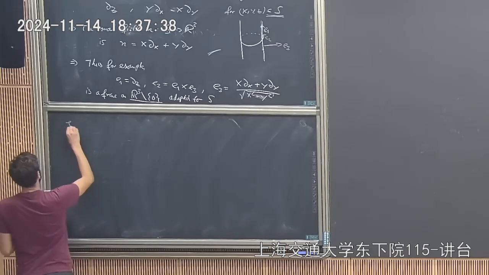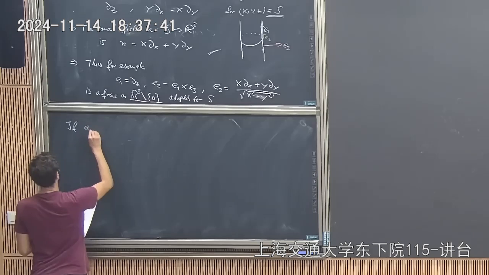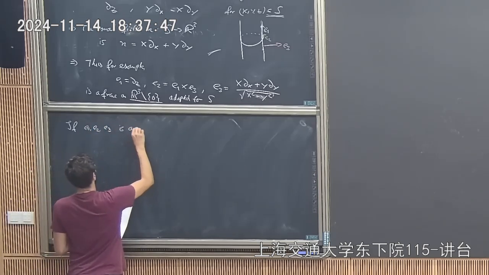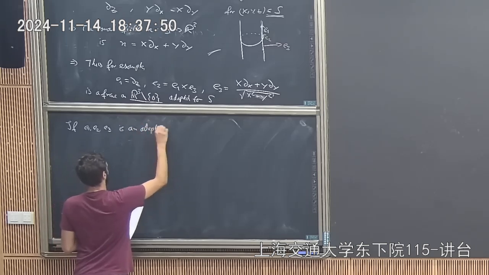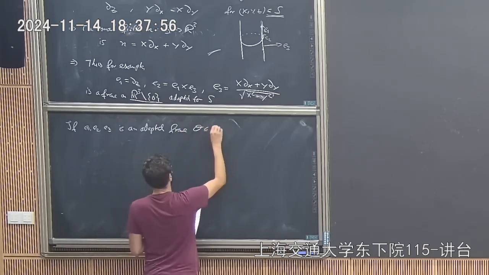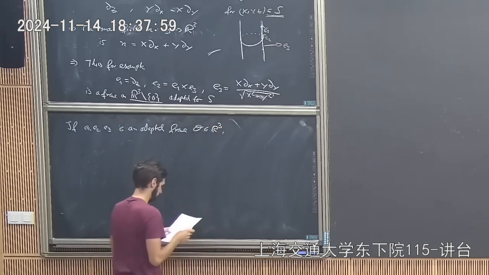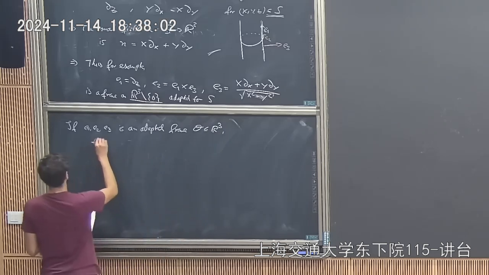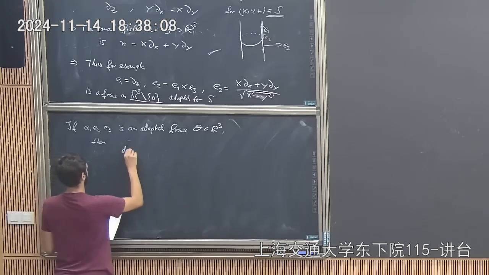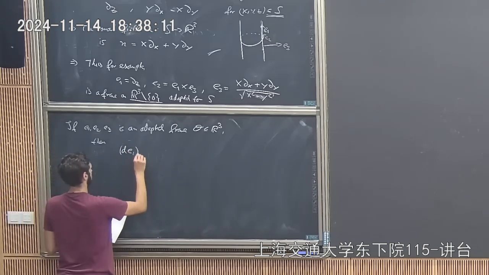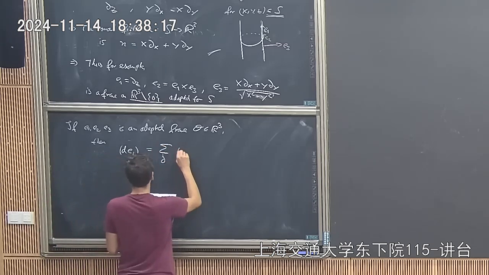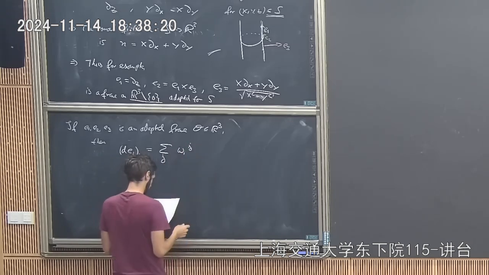So suppose we have V1, V2, V3 to be an adapted frame. You see it's defined on an open subset of R^3. And we have seen last time that the change of the frame is really important, and we verified the following formula. Actually, it was the definition of the connection forms, where we have these ones.